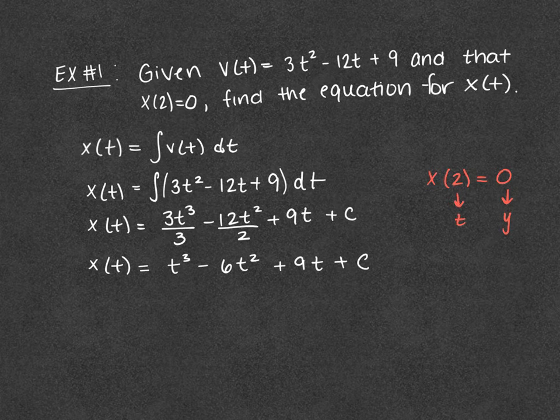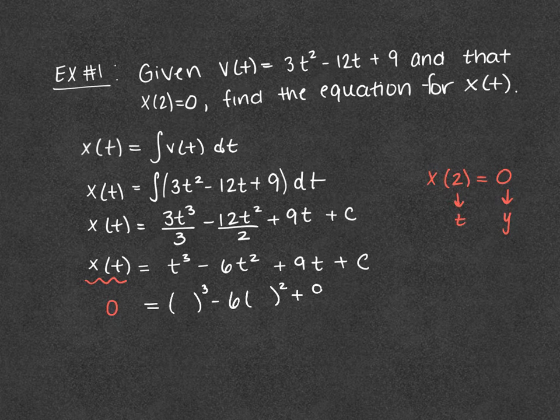So everywhere I have a parenthesis is where I'm going to put 2, and then I can solve for c. Take a minute, plug all this into the calculator just the way you see it, and then hit resume when you're ready for the answer.